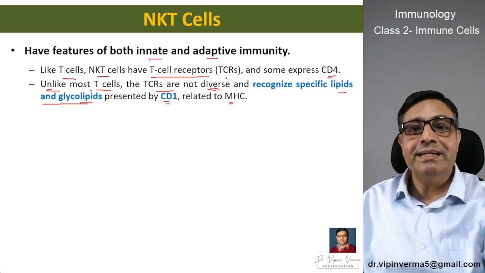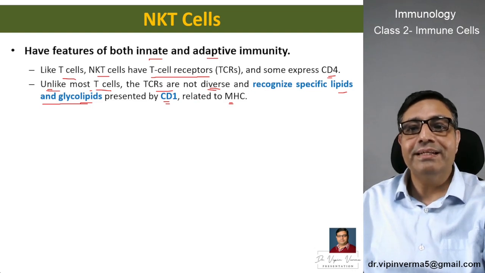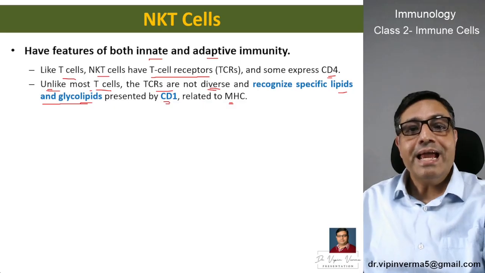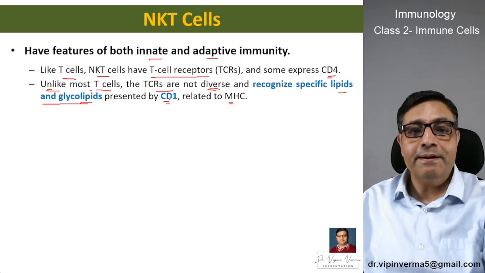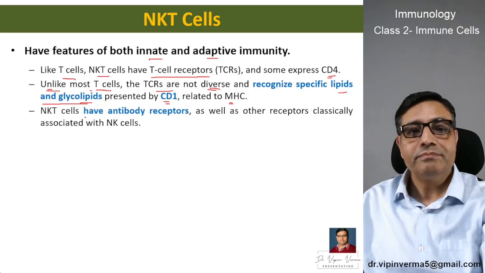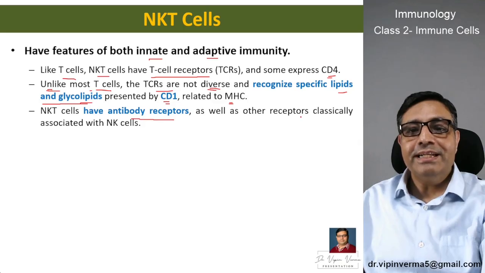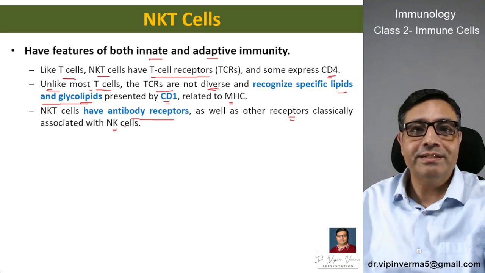So their TCRs are of limited diversity. That is the first point. Second point, they recognize lipids and glycolipids presented by CD1, not by MHC molecules here. They also have the antibody receptors as well as other receptors classically associated with NK cells, or the natural killer cells.